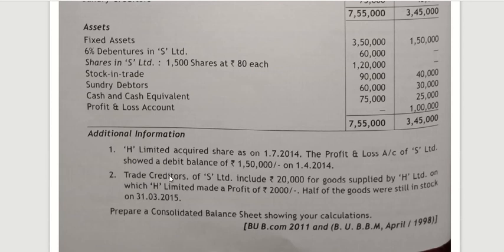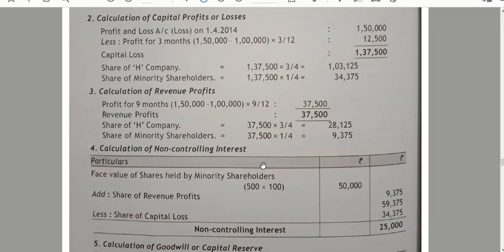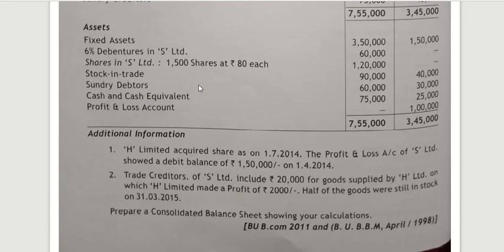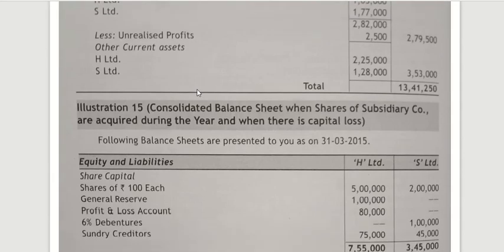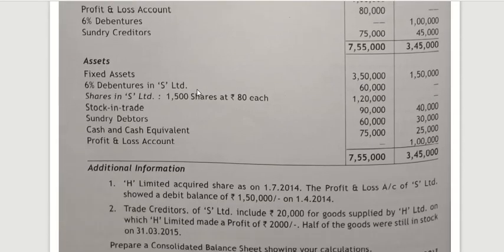So when is the date of acquisition? It was acquired on 1/7/2014. Till 1/4/2014 they have given profit and loss, so directly you will take the full amount to your capital profits. And profits for 3 months you will take from your balance sheet, because it is still 31/3/2015, but till 1/7 we are supposed to consider it for capital profit.